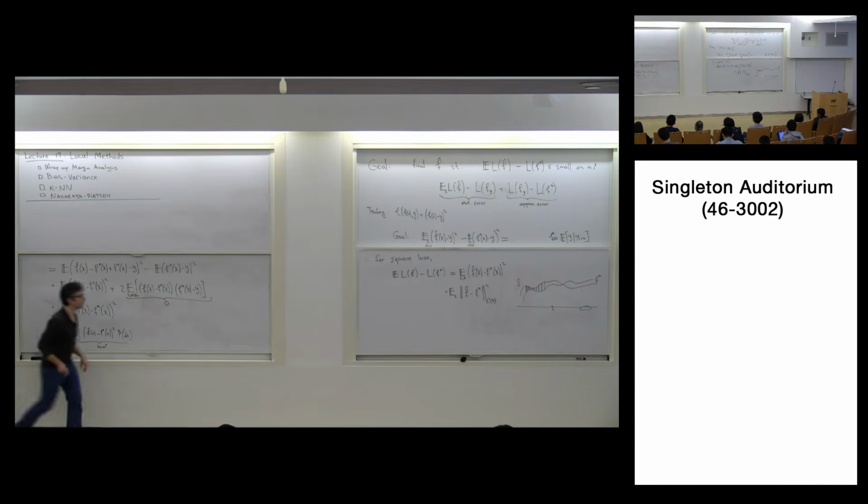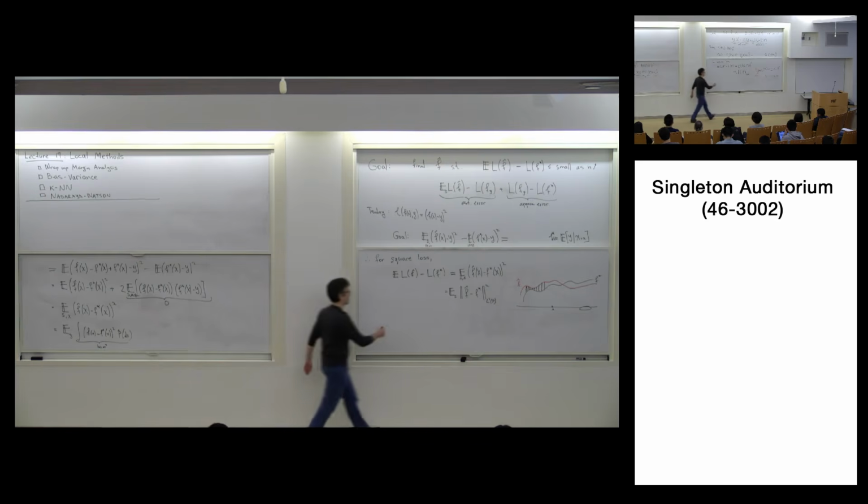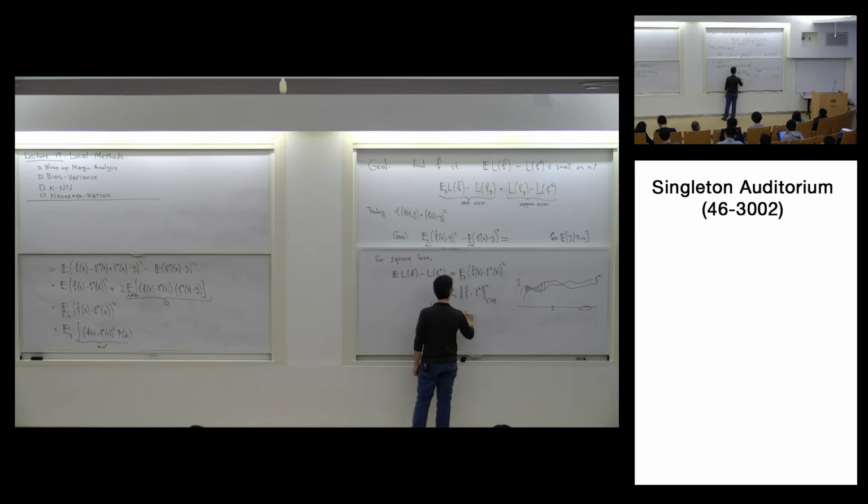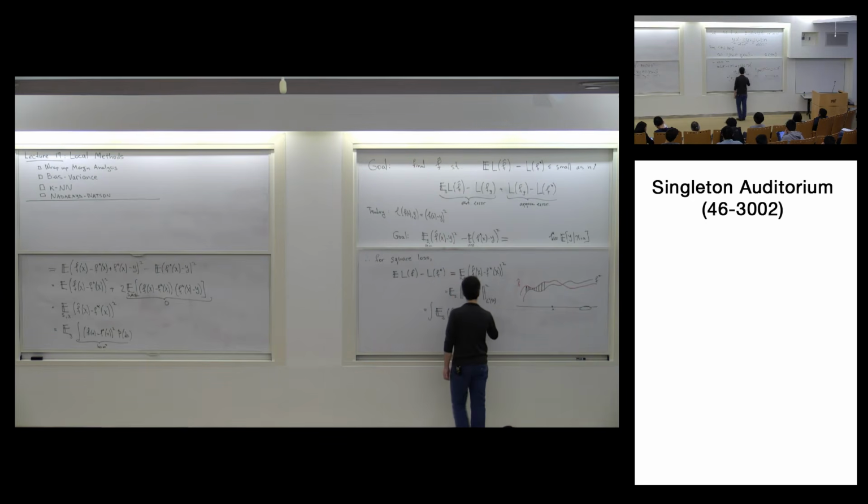But I can swap them. I have another expression, which is an integral over the x variable of the expected value over s of f hat of little x minus f star of little x squared, p dx, right?